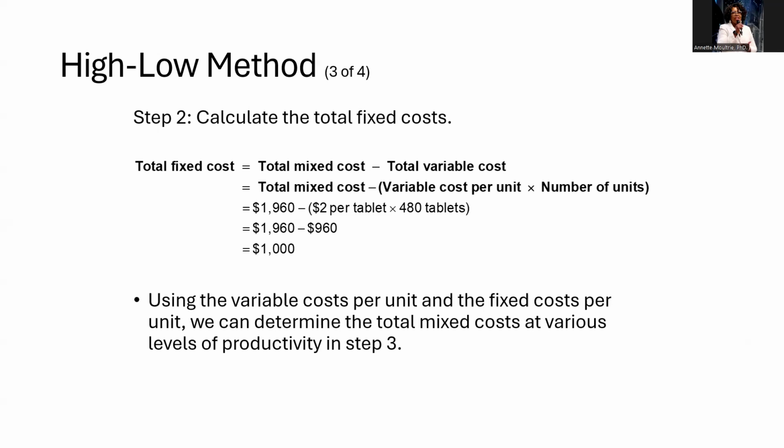Then you come up with $1,960 minus $2 per tablet times 480 tablets, equal to $1,960 minus $960, and you will have $1,000.